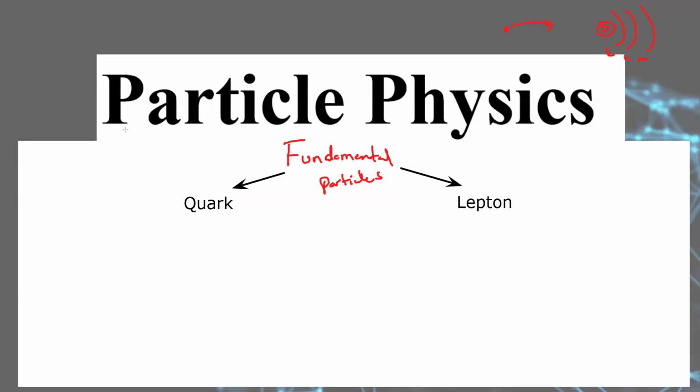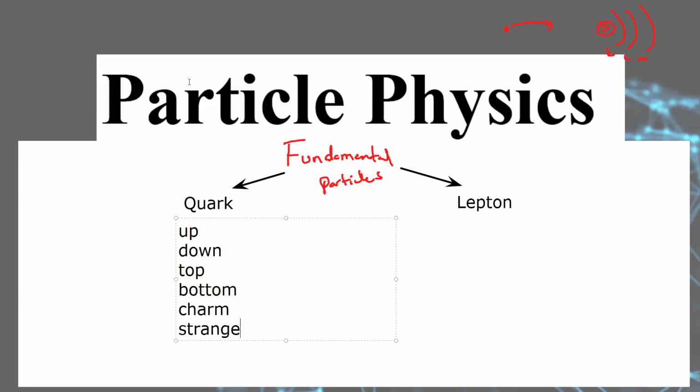What is the quark family? You have to learn the names of these particles. What are the types of quarks? We have up, down, top, bottom, charm, and strange.